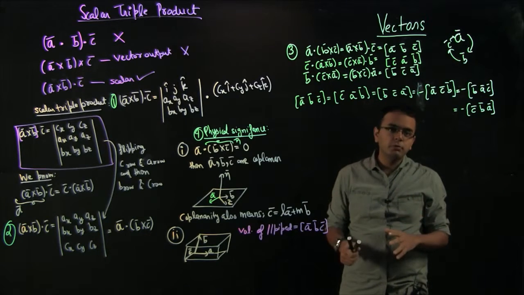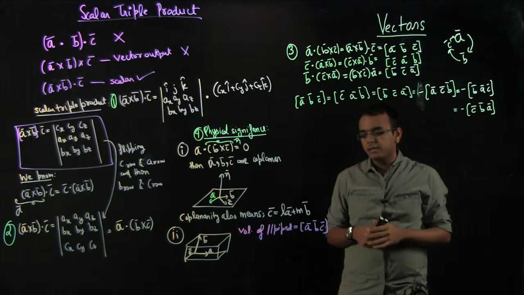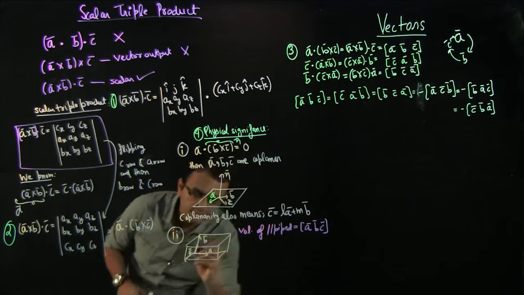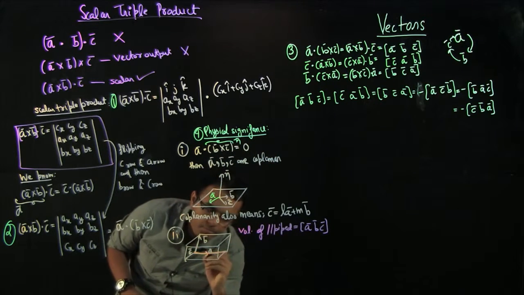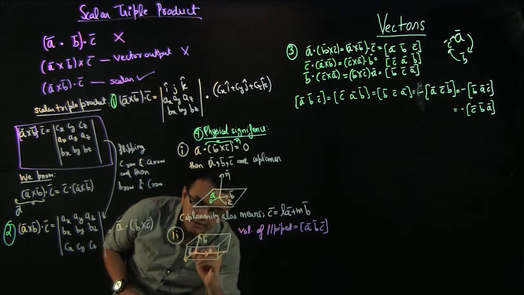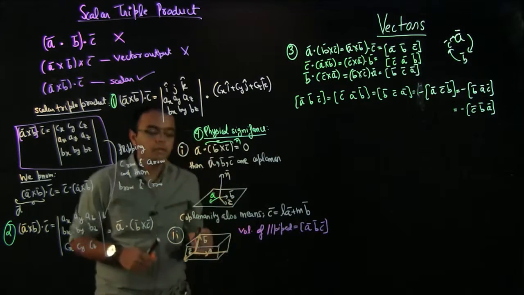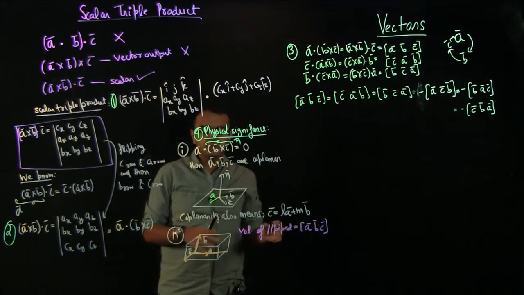There are a lot of proofs for this. I don't think you need to really understand the proofs. So A vector is this entire side, C vector is this entire side, B vector is this entire side, then the volume of the parallelepiped is ABC.